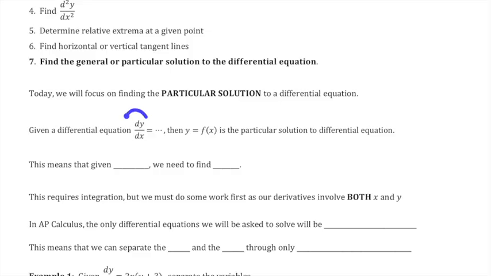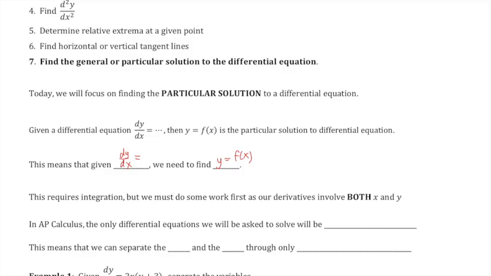So today we're going to be given a differential equation, and then we're going to write the equation for it. This means that given dy dx equals, we need to find the equation y equals f of x. Usually this requires some form of integration, but we have to work with our derivatives on both sides.